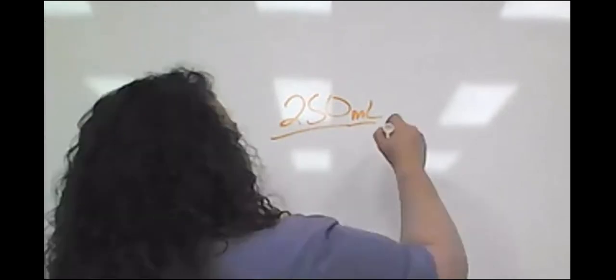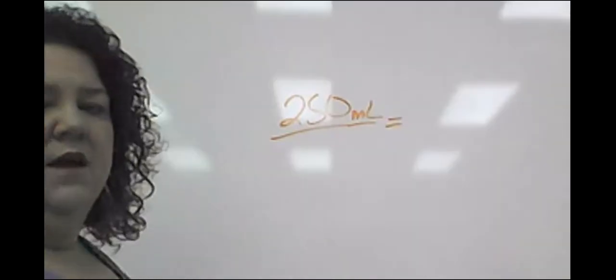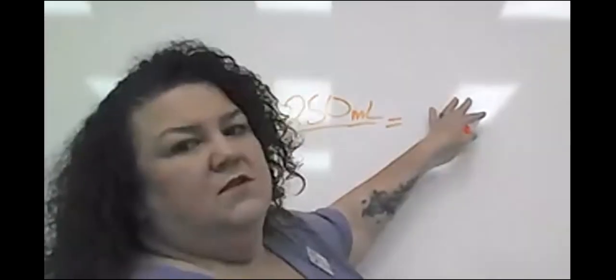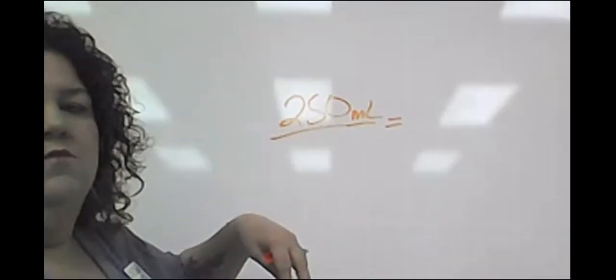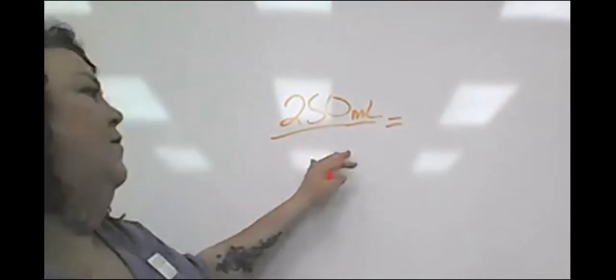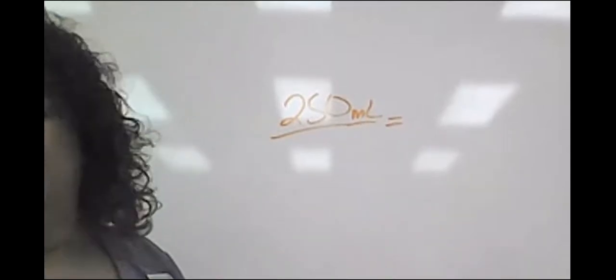And remember, with ratios and proportions, when we set these equations up, we have to keep our like units in line with one another. So if I list mLs as my numerator on one side of my equal sign, mLs must also be my numerator on the other side of the equal sign. If I list hours as my denominator on one side of the equal, hours has to be my denominator on the other side of the equal sign.